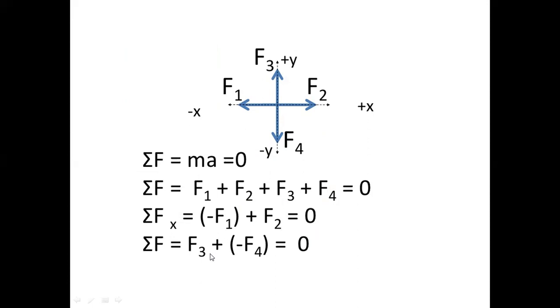In the same way, F3 along the positive y-axis plus minus F4 along the negative y-axis is 0. So if the resultant force is 0, the body will be in equilibrium. In the same way, we can say total upward force is equal to total downward force, and total rightward force is equal to total leftward force.